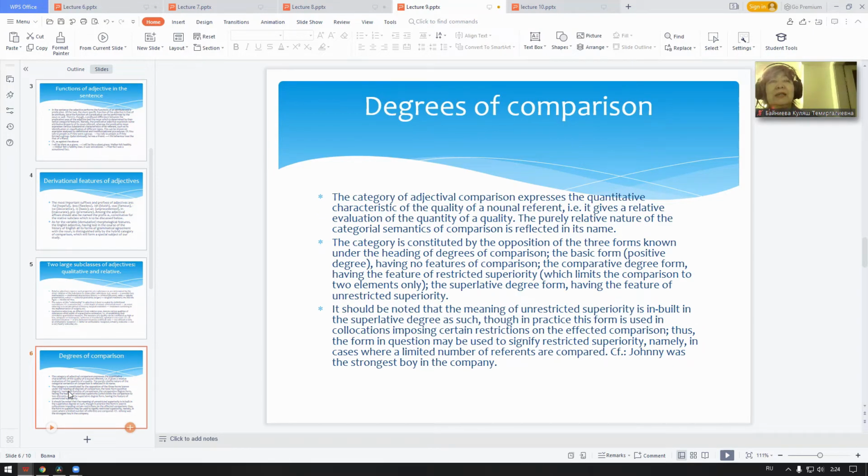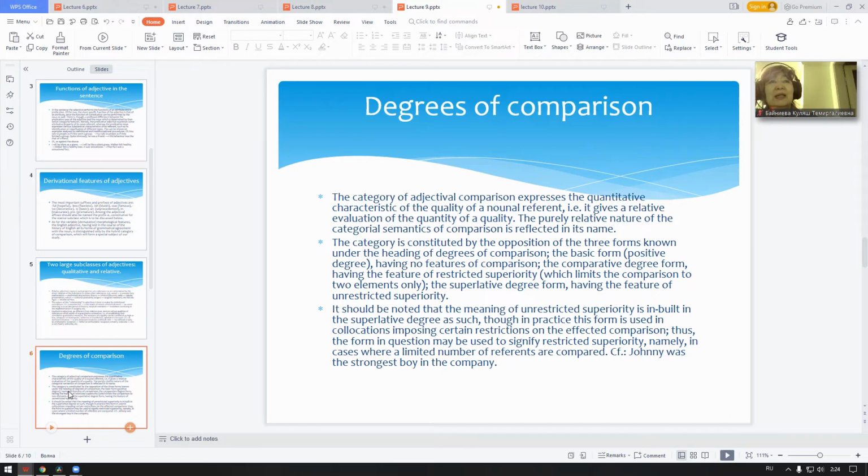Degrees of comparison. The category of adjectival comparison expresses the quantitative characteristics of the quality of a nominal referent. It gives a relative evaluation of the quantity of a quality. The purely relative nature of the categorical semantics of comparison is reflected in its name.